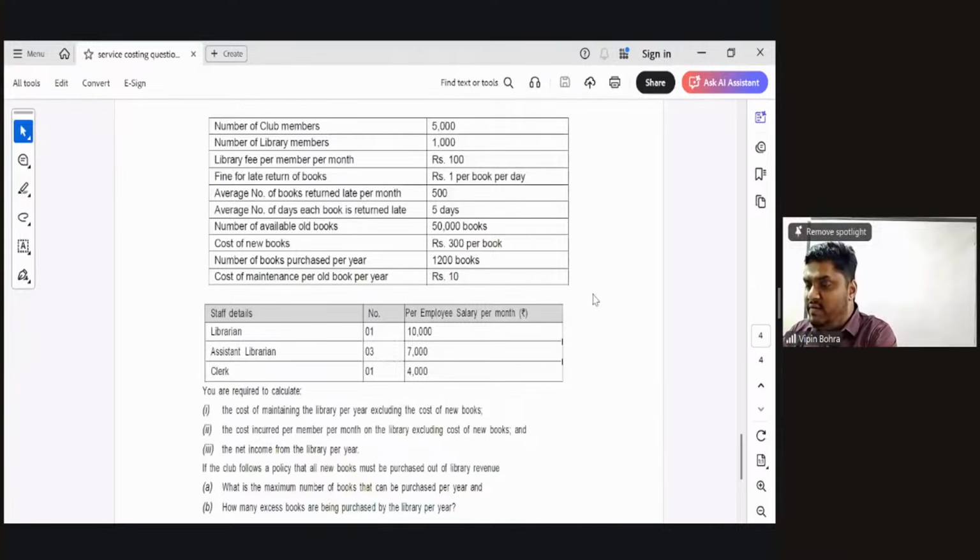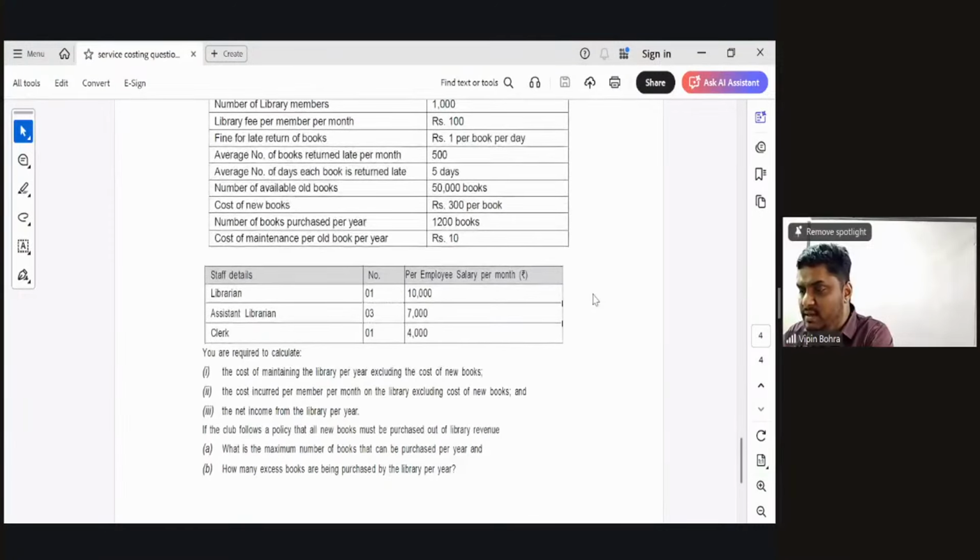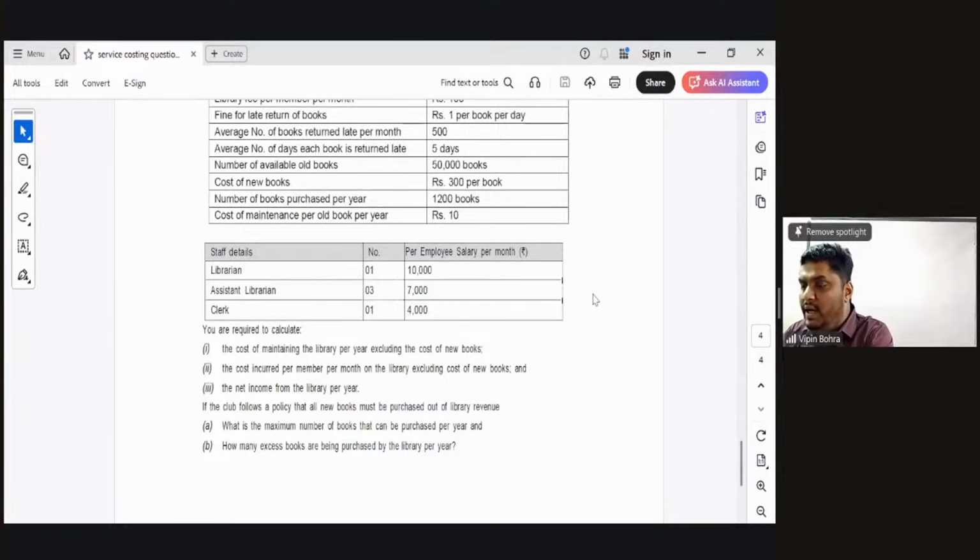Staff details are given, wherein a librarian is there, assistant librarians are there, and a clerk is there. You are required to calculate the cost of maintaining the library per year, excluding the cost of new books, the cost incurred per member per month on the library, excluding the cost of new books, and the net income from the library per year.